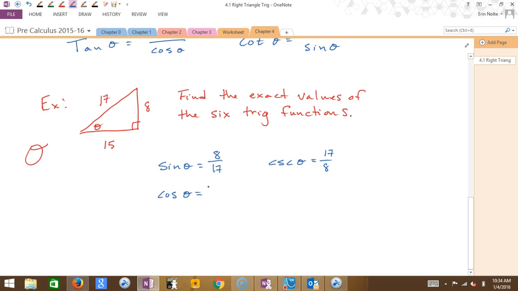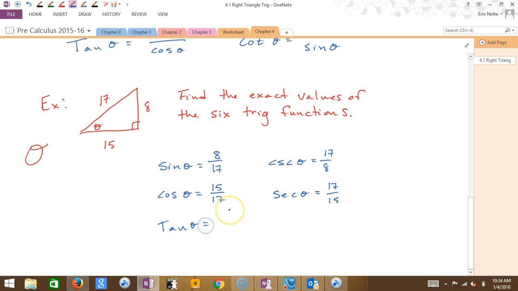We're just simply setting up the ratio. What is the ratio for the cosine? 15 over 17. Okay, so the reciprocal of cosine is secant. So what would the secant ratio be? 17/15. Good.